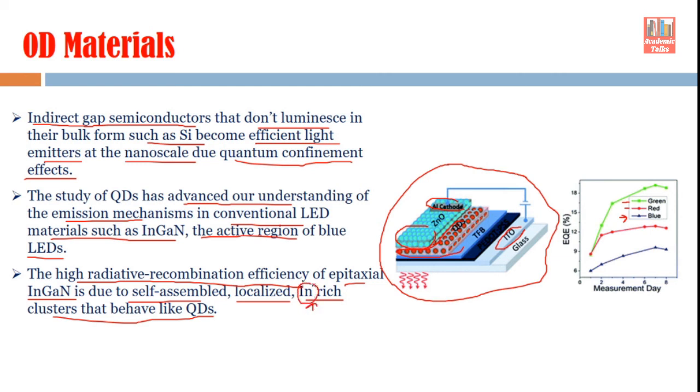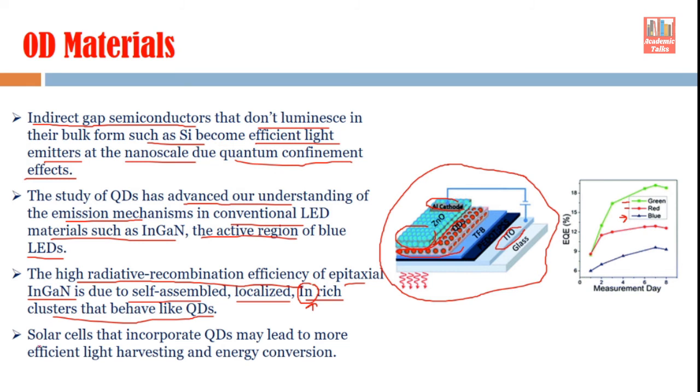There is more percentage of indium in this material, and since it is a quantum dot structure, it gives you very high radiative recombination efficiency. So, good efficiency is possible in case of indium gallium nitride material if we make it indium rich, and if we make it a quantum dot.